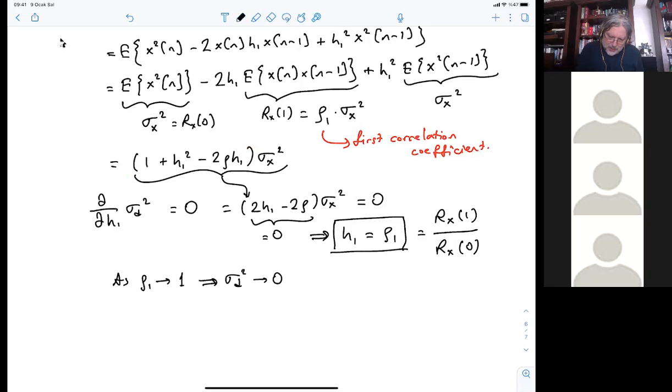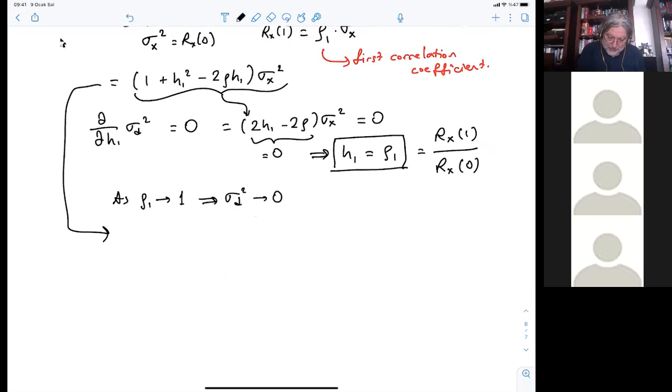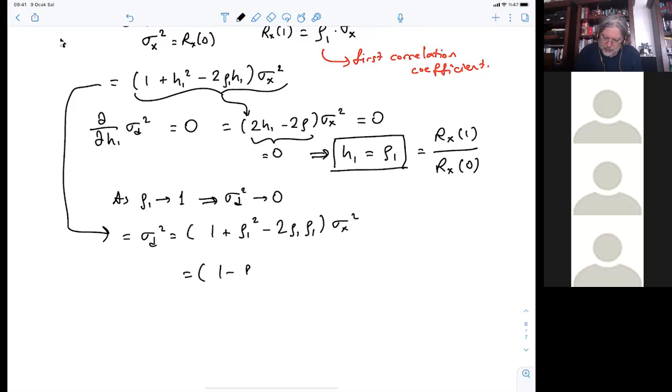It may be a wise idea to write that thing again. So sigma d square is equal to 1 plus rho 1 square minus 2 rho 1, this is rho 1 by the way, times h1, which is also rho 1, sigma x square, and that is equal to 1 minus rho 1 square times sigma x square.